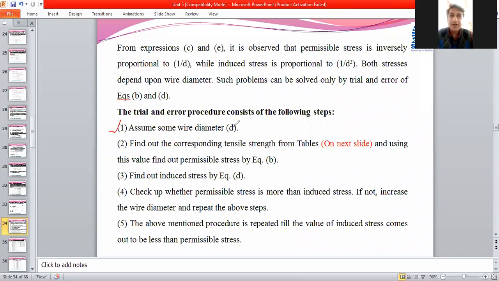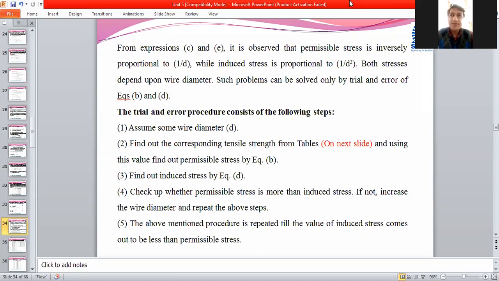Once you assume that wire diameter, then we have to find out the corresponding tensile strength from the table which has been provided. This table is given on the next slide. Let us first go through all this procedure and then afterwards we'll go to the next slide.